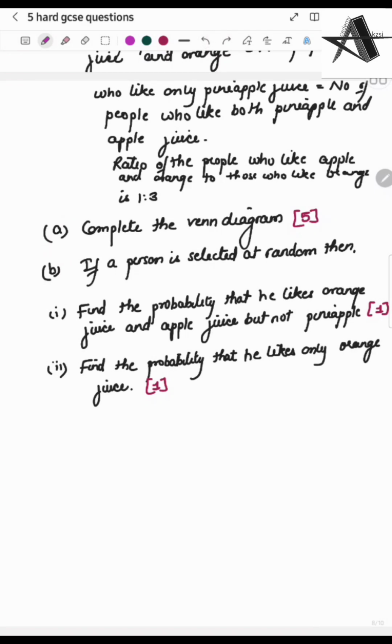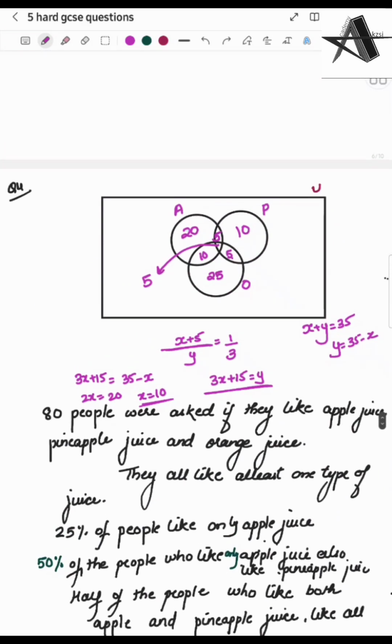Next is, if a person is selected at random, find the probability that he likes orange juice and apple juice but not pineapple. Apple and orange but not pineapple means apple and orange, this one, but not pineapple. If you take this whole region, obviously it contains pineapple as well. So we need to find the value of only this one. Only this is 10.